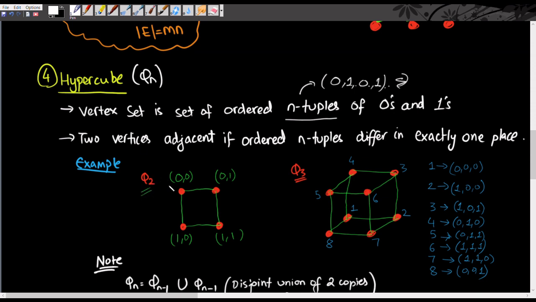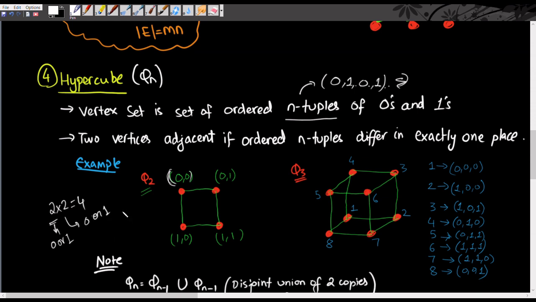Say you've got Q2. So you've got, first of all, ordered 2-tuples, so 2 entries each, and since we're only taking binary values as your vertices, it's pretty clear that you have 4 vertices, right? Because for the first entry it's either 0 or 1, and for the second entry it's either 0 or 1.